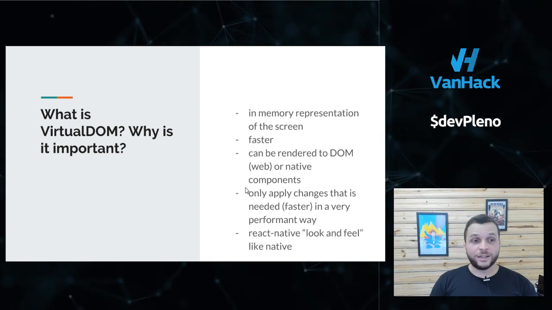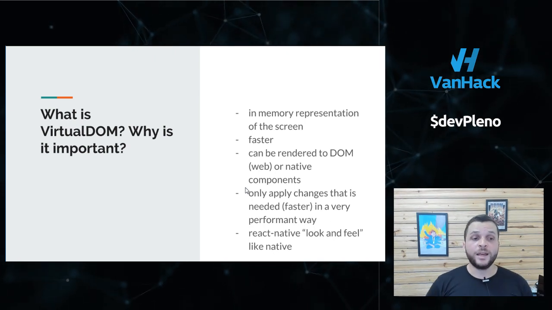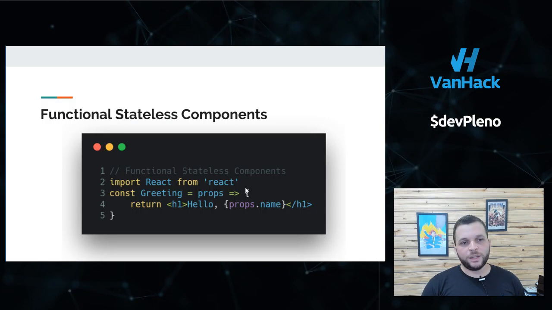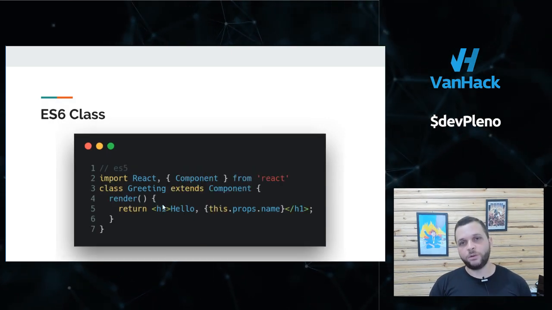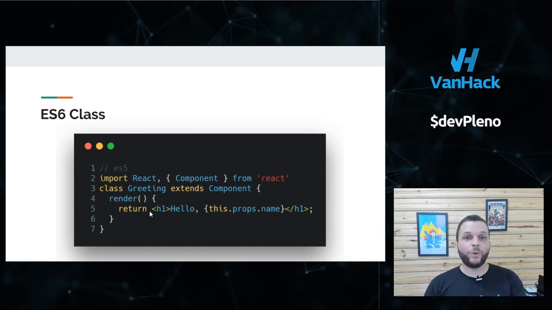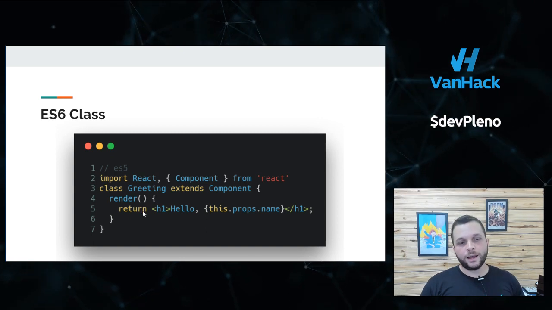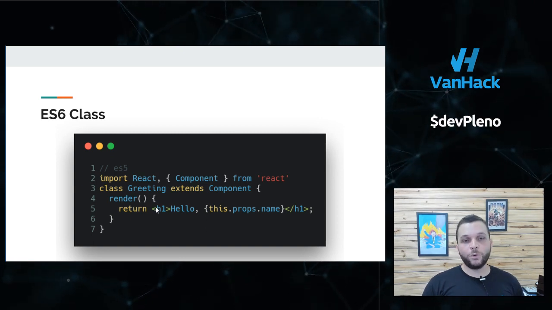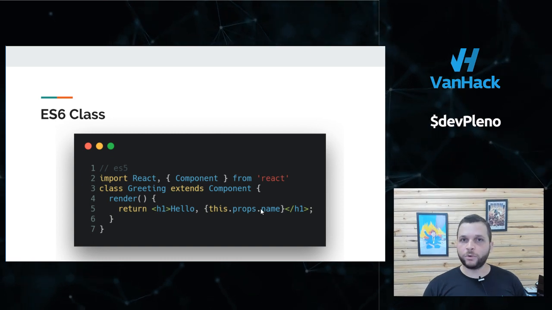So the first question is, what is virtual DOM and why is it so important? The first thing that we need to understand here, when we are creating components in React, for example, this component here, when we create this component, imagine that we just have this component here. React will assemble this structure in memory.